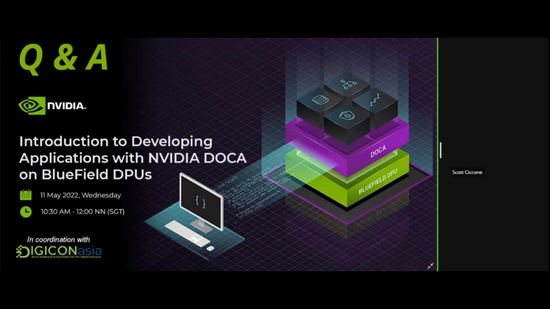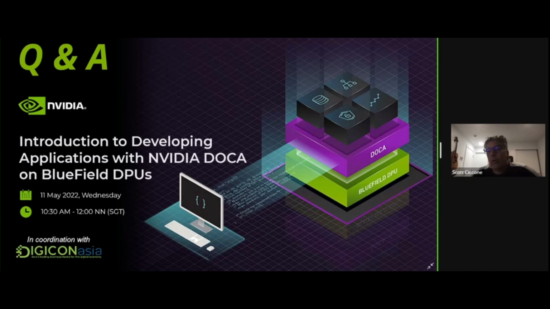Yeah, so I think it's funny because it really touches on a lot of the value of DOCA for Bluefield, right? I think what we would likely do is look to the ecosystem to develop a type of application that might enable the authentication of users, in addition to things like firewalls and intrusion detection systems.